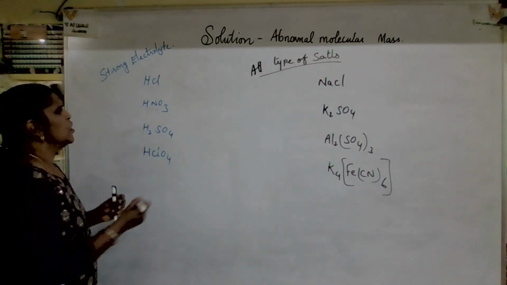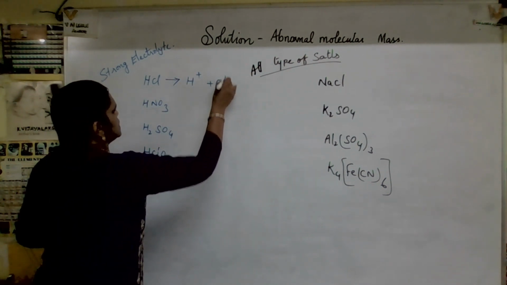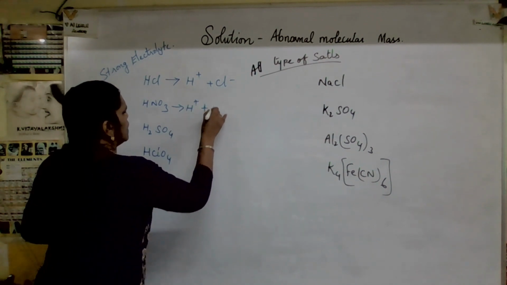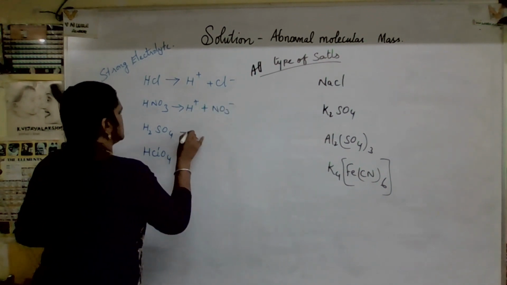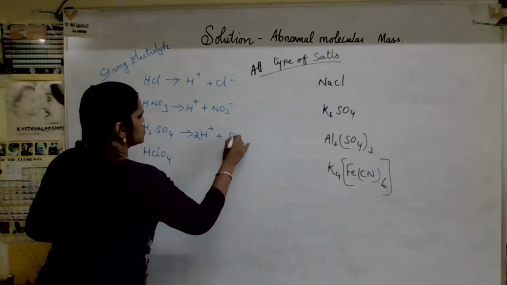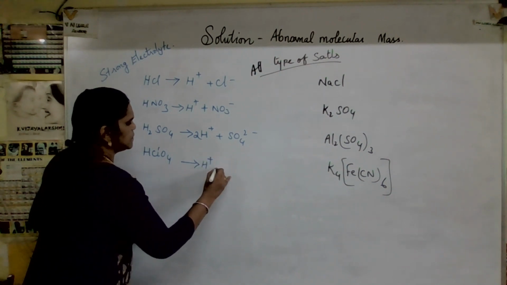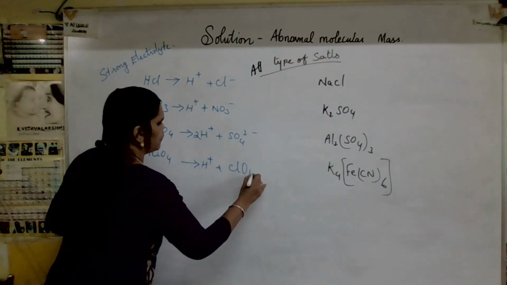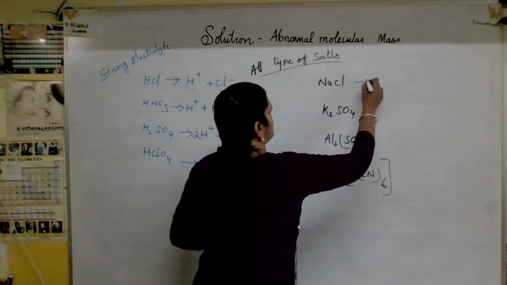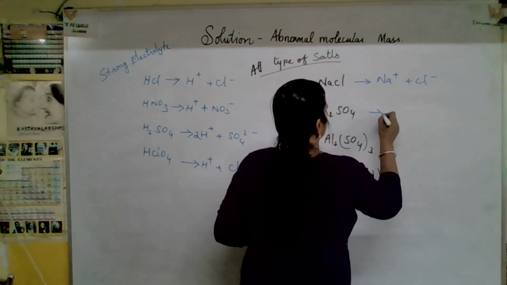They will definitely ask. HCl: H plus, Cl minus. HNO3: H plus, NO3 minus. H2SO4: 2H plus, SO4 2 minus. HClO4: H plus, ClO4 minus. In the same way, NaCl: Na plus, Cl minus.